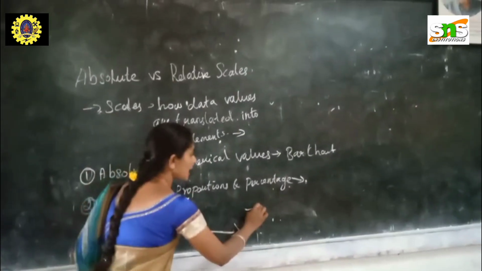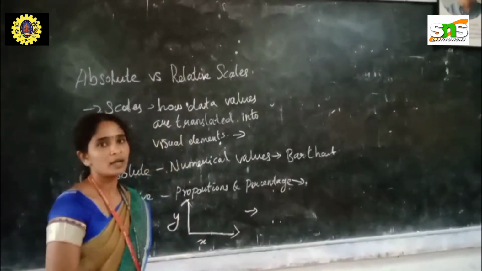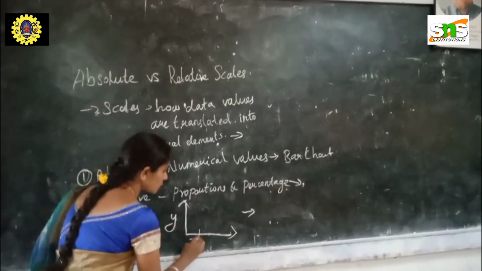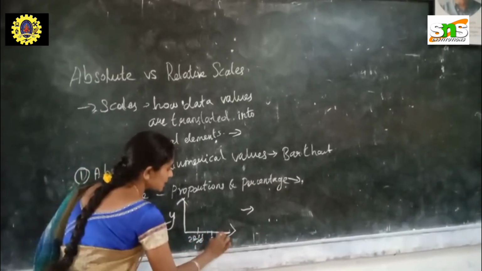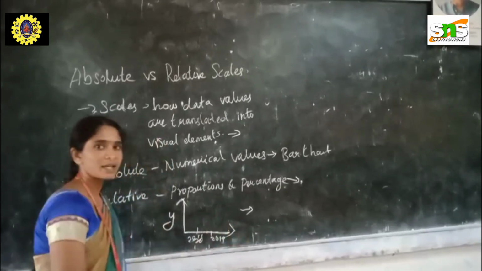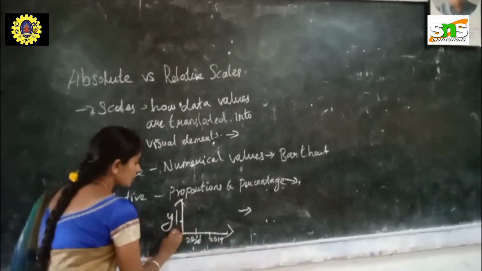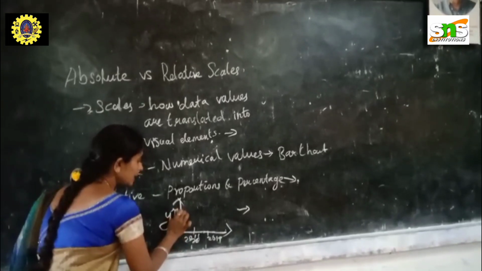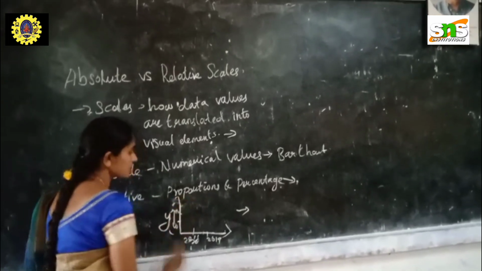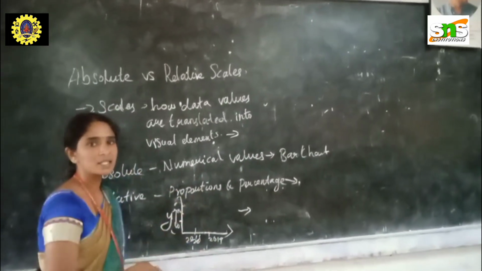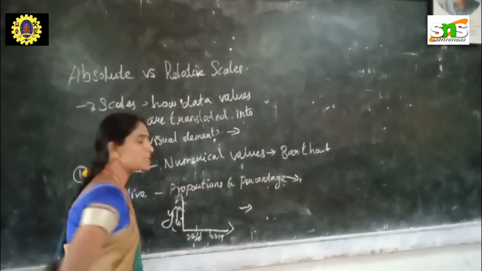For example, I have taken the yearly revenue of a particular organization. The years 2018, 2019, 2020 are on the x-axis, and the revenue is in lakhs: 10 lakh, 20 lakhs, 30 lakhs, 40 lakhs. We use only numerical values to generate the chart, so here we choose the bar chart.